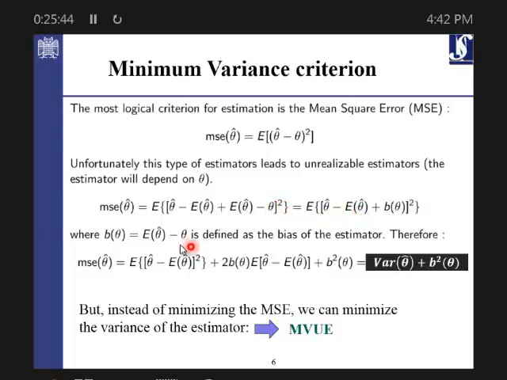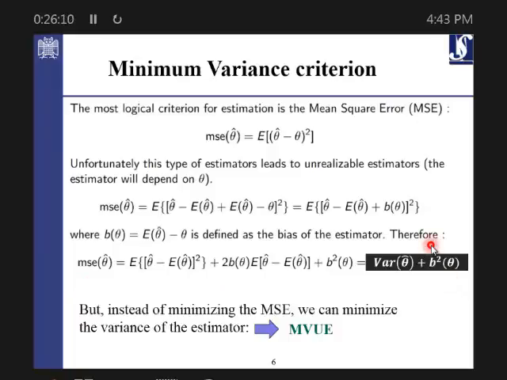By expansion and the definition of the bias, which is the difference between the true value and the expectation of your estimation, you come up with this equation: the MSE, the mean square of the error, is equal to the variance of your estimate plus the bias of your estimate.